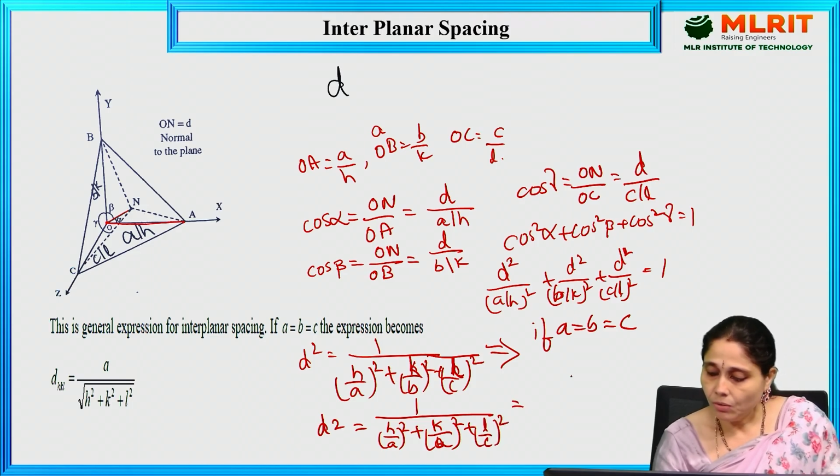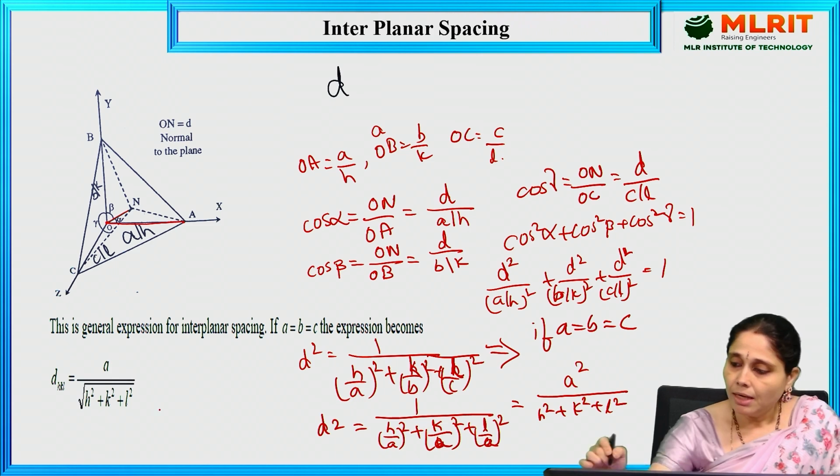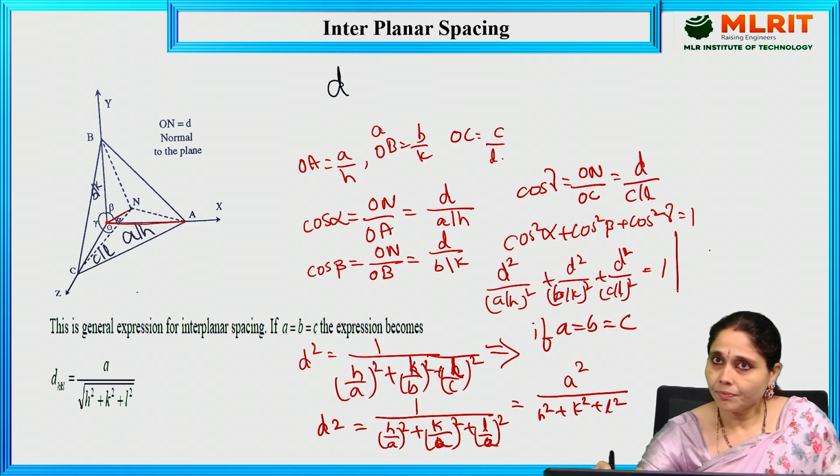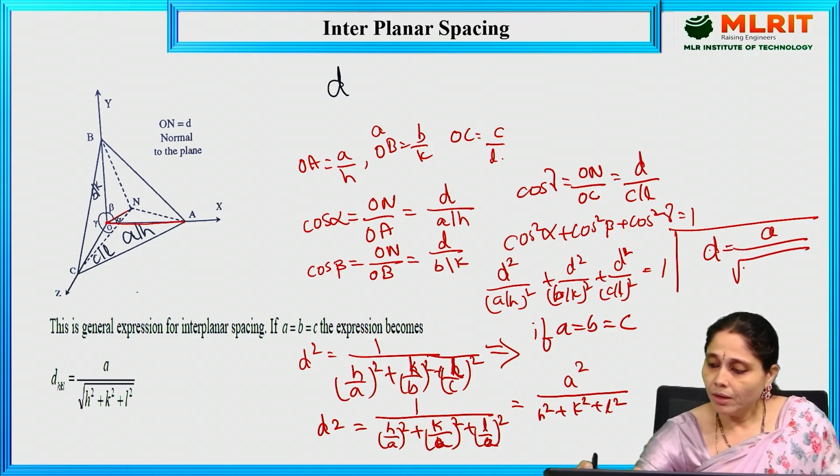This is equal to A square by H square plus K square plus L square, or we can write D is equal to A by root over H square plus K square plus L square.